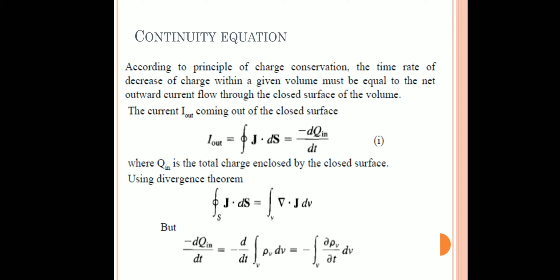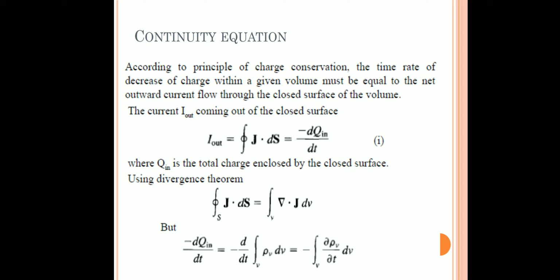Next we can take the term minus d by dt of q in. Let rho v be the volume charge density at a point inside the surface. Then the charge q in the differential volume dv is rho v dv. Then the total charge enclosed by the surface is q in equal to the volume integral of rho v dv.